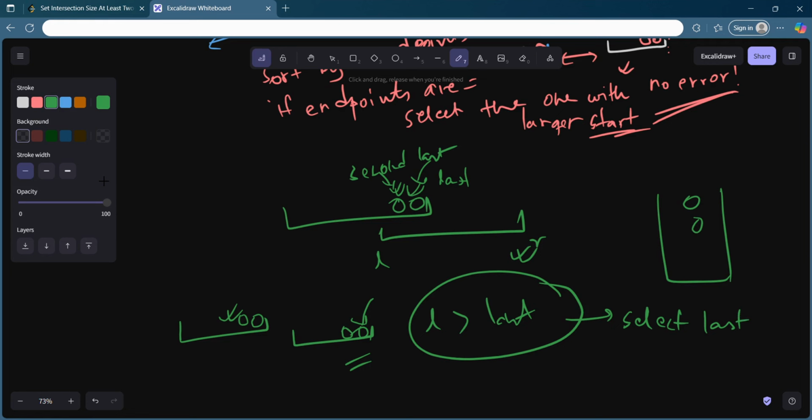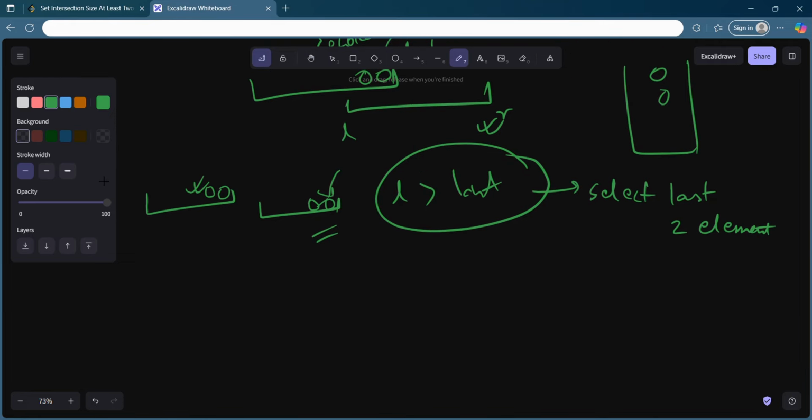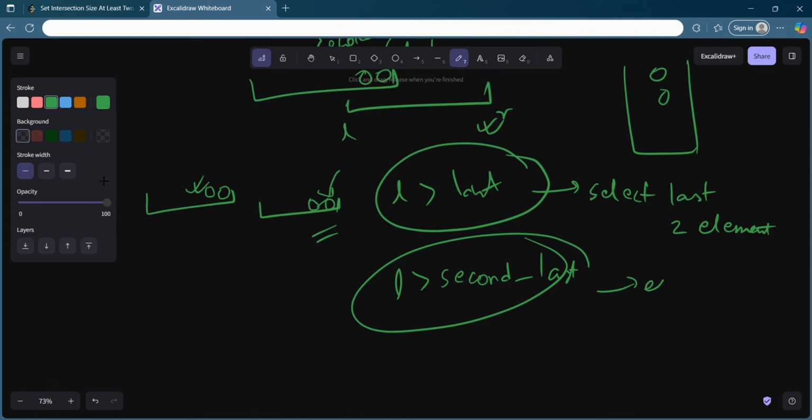And if there is one intersection, so if L is not greater than last, if it is equal to last, or if it is greater than second last, you can just select the last element only.